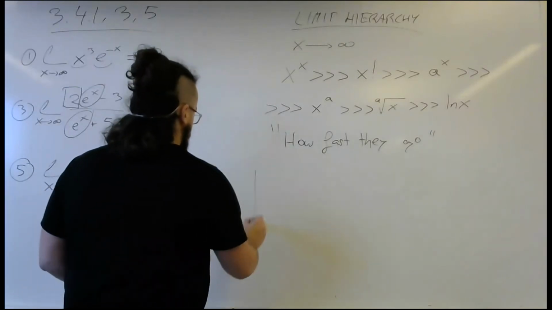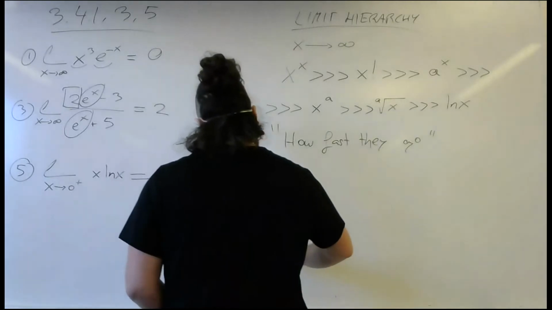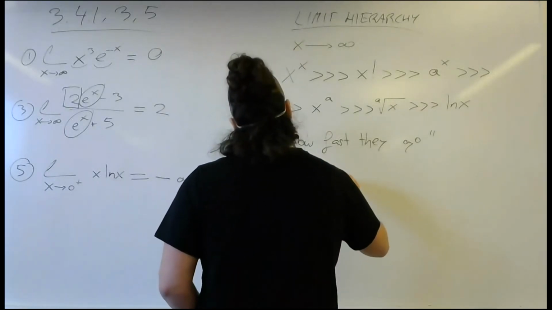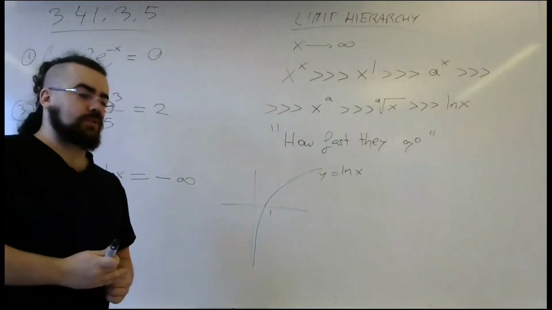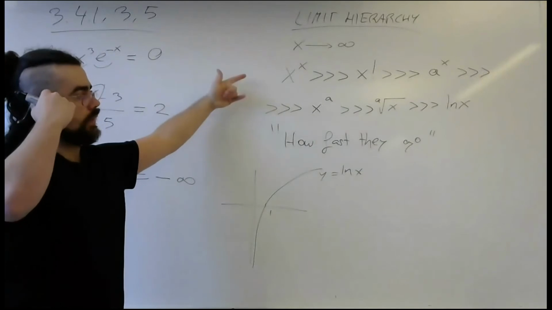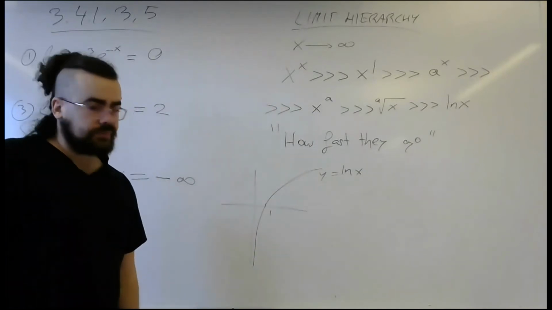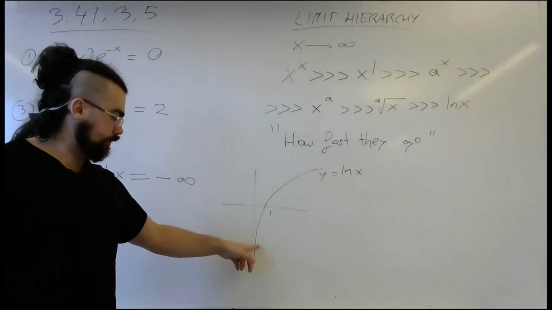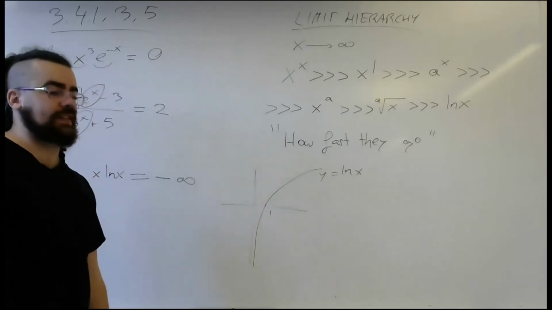Once again, I'm going to show you the figure. This is 1. When x goes to 0, this order kind of reverses. And so the logarithm of x is one of the functions that go the fastest to 0.